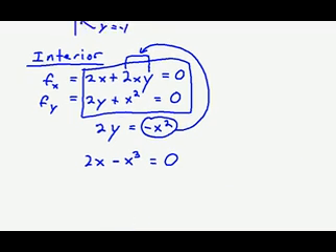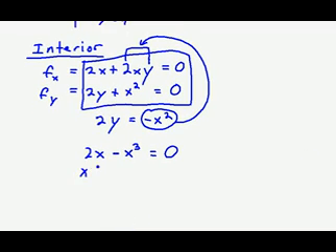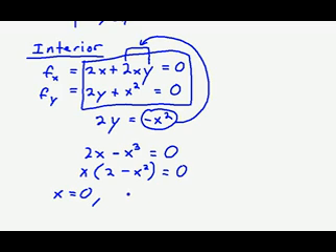I'm going to solve that equation by factoring out x and getting 2 minus x squared left over inside. So I get two solutions for x: x equals 0 and x squared equals 2, which means x equals plus or minus root 2.